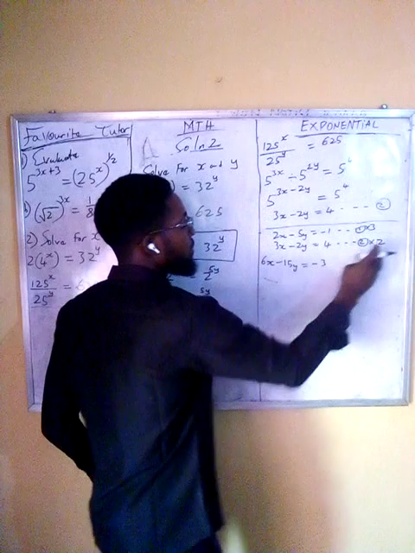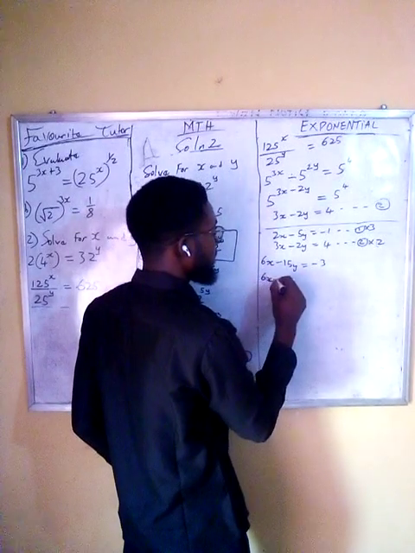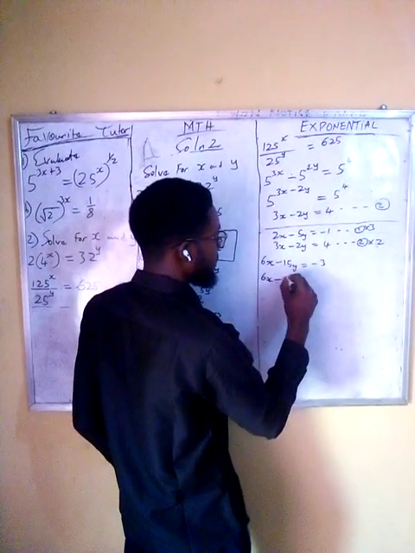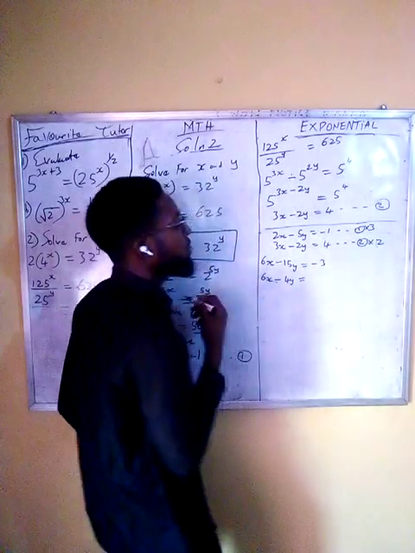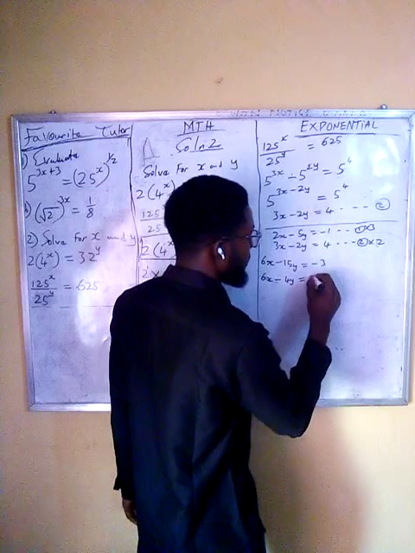Alright, the other one, 2 times this: 6x minus 4y equals 2 times 4, which is 8.